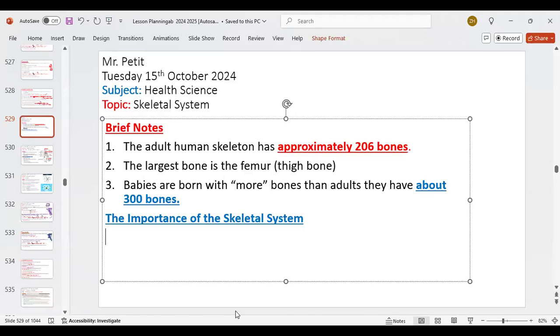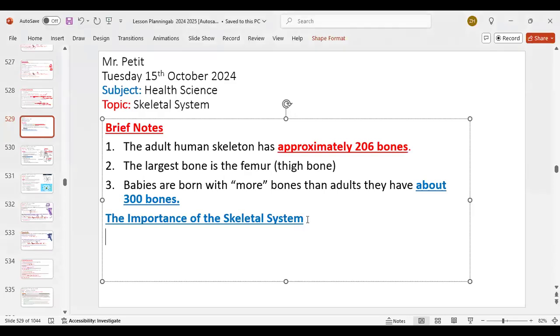Give me one second, please. All right, so the importance of the skeletal system.